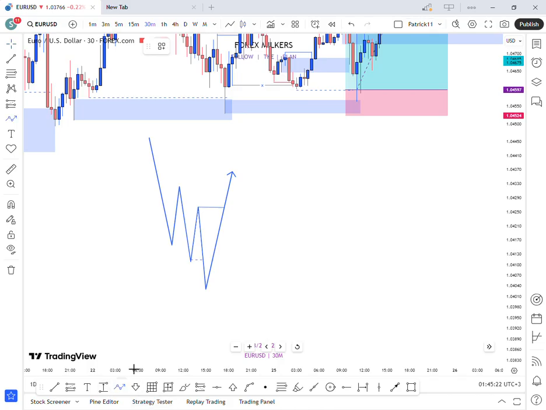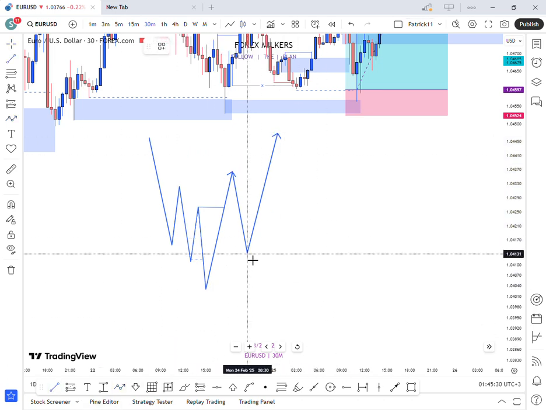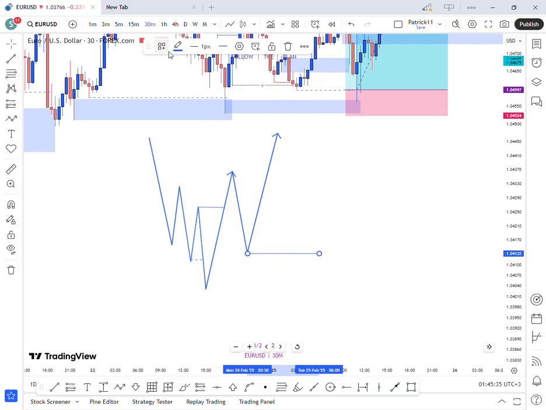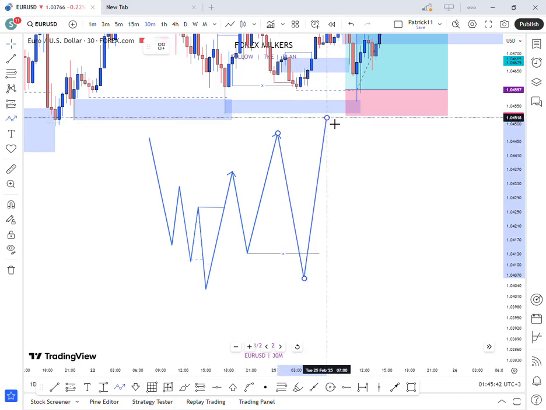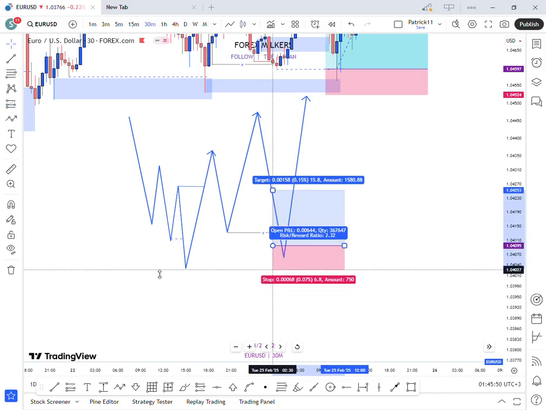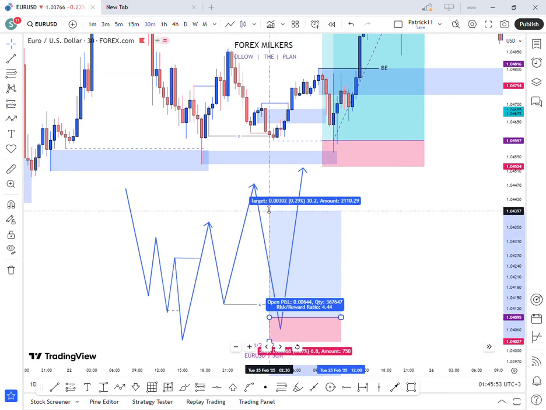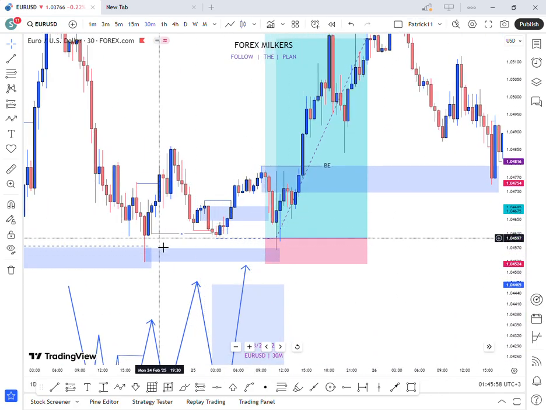So either you can wait for a pullback and price continues, so you can be able to regard this as the liquidity, and then when price drops again, you buy below the liquidity to continue up. So you can take your trade below the liquidity, put your stop loss below the strong low, and target the previous highs, of which it's what is happening here.